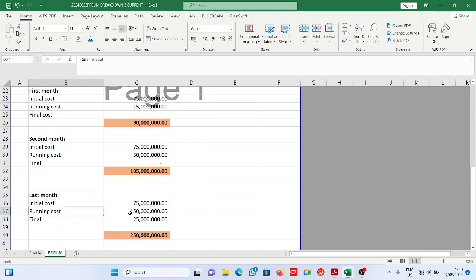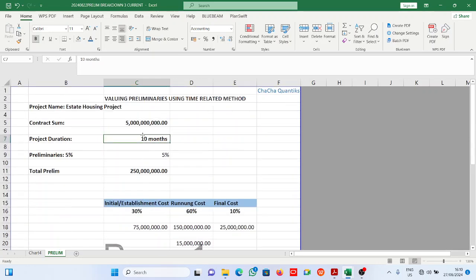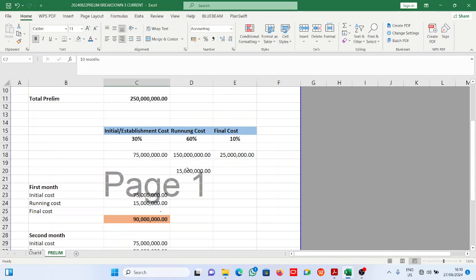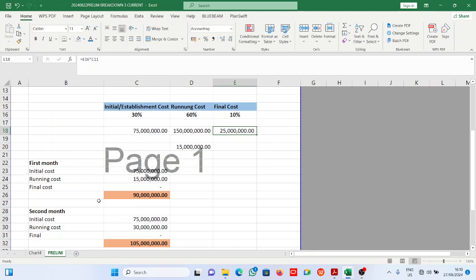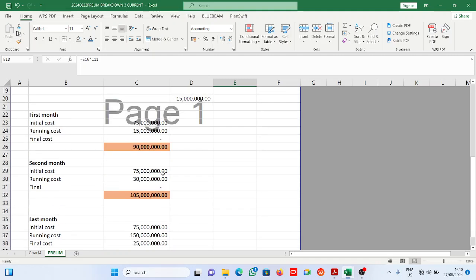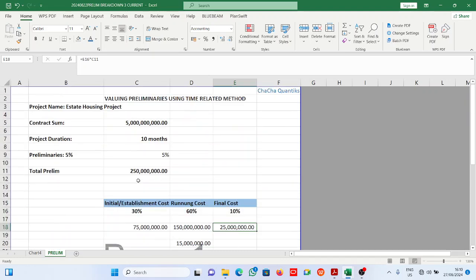We have the running cost, which is now 15 million times 10 months, and it gives me back this. Now you have the final cost playing its role, because you have to demobilize out of site, 25 million. This is as simple as it is how you value preliminaries using the time related method.